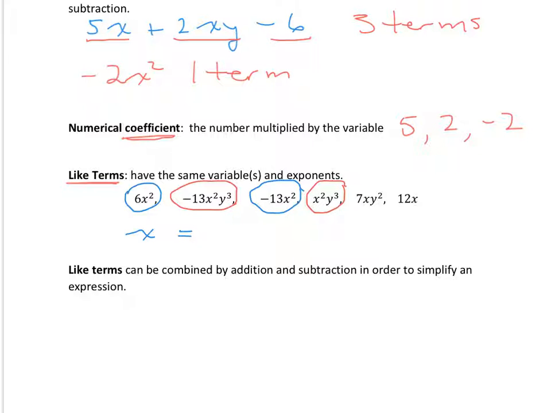So x is equal to 1x. Okay? And that x squared y cubed is actually equal to 1x squared y cubed. But when 1 is the coefficient, we never actually write it in. And we need to know what like terms are, because like terms can be combined by addition or subtraction in order to simplify an expression.